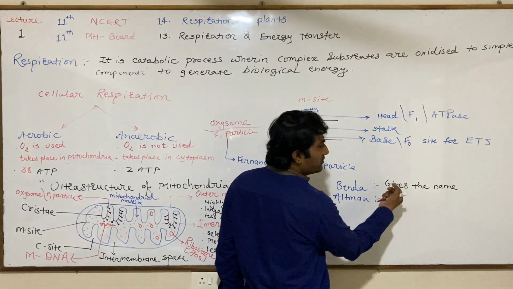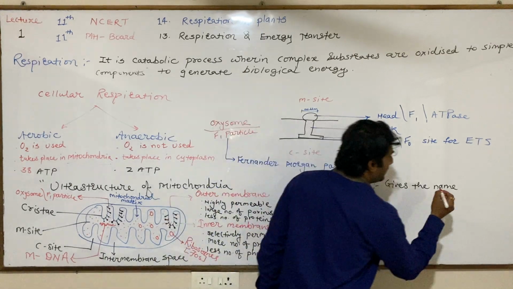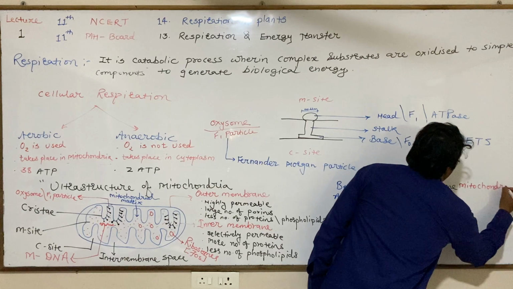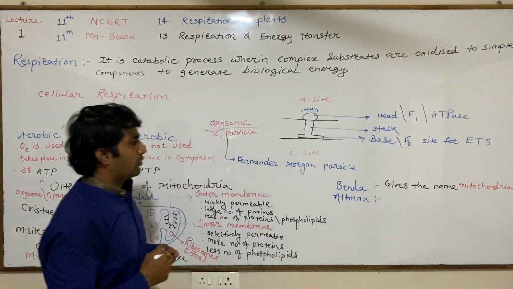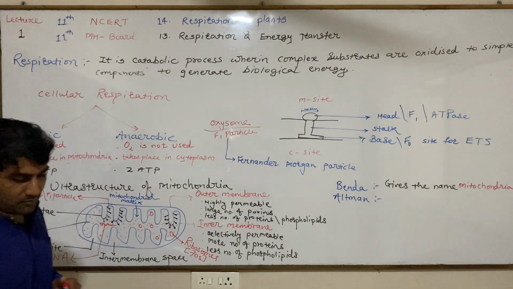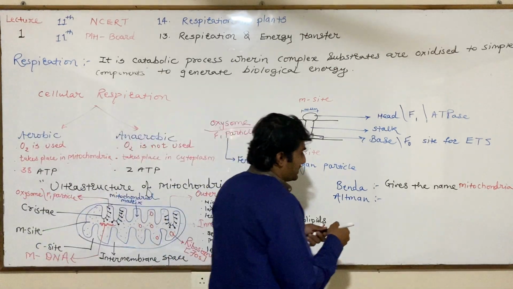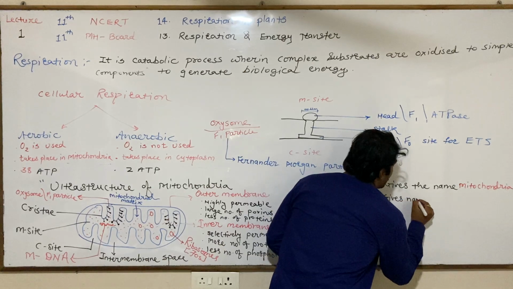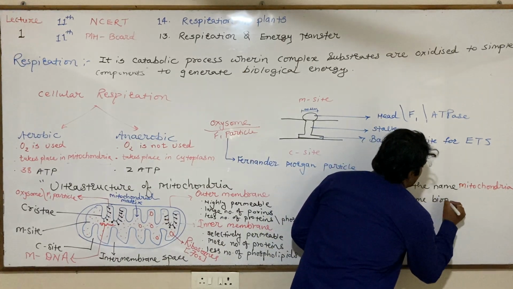Benda gave the name mitochondria. There are three important scientists regarding mitochondria. The name was given by Benda. Altmann is the scientist who gave the name bioplast to the mitochondria.